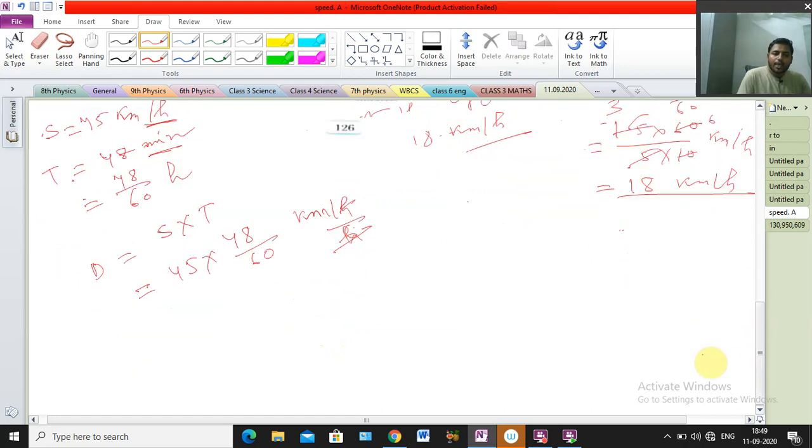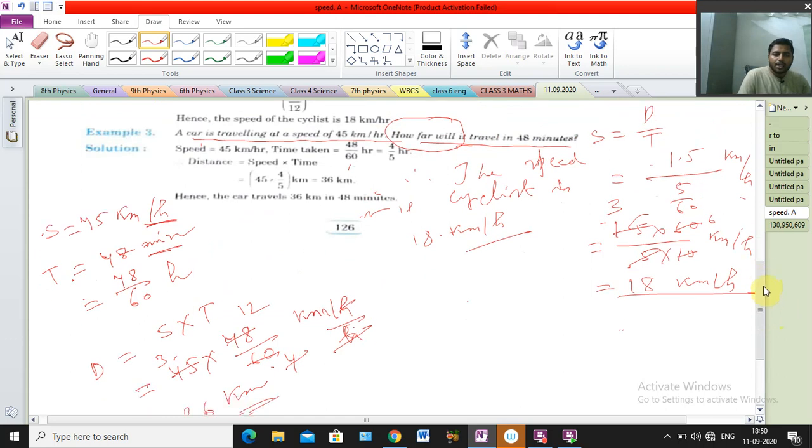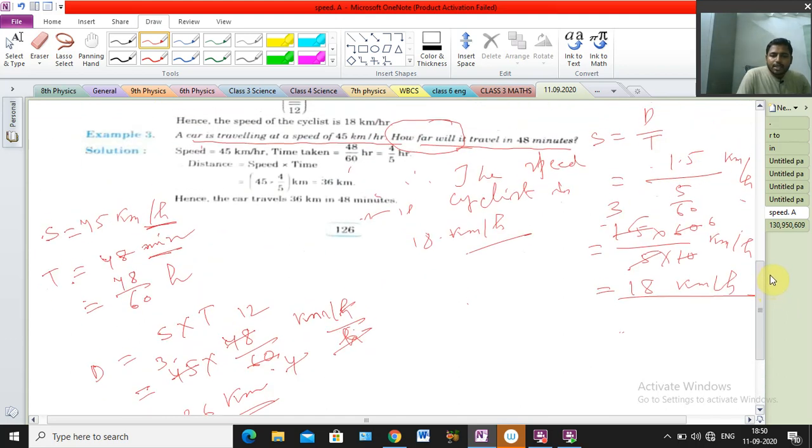Clear? Now cancel it. See, 15 3s are 45 and 15 4s are 60, and 4 12s are 48, 4 12s are 48. So that means we are getting 12 into 3, 36 kilometer. Clear? 36 kilometer. So that is the answer. So how far will it travel in 48 minutes?